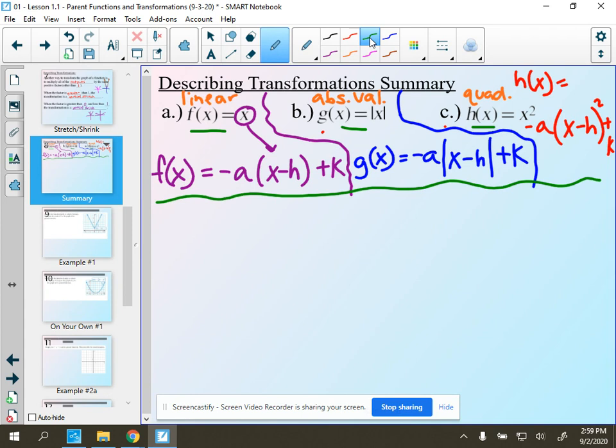So stay with me. Let's talk about this a. There's really 3 things to consider. If a is less than 0, what else would we say that? That it's negative.